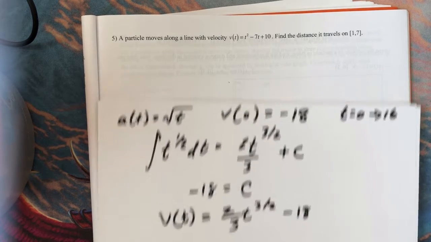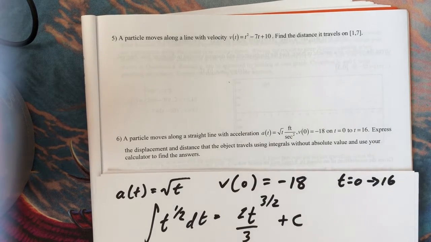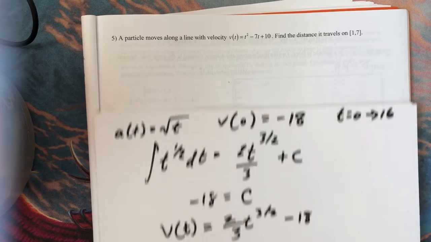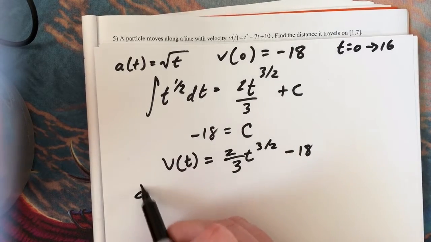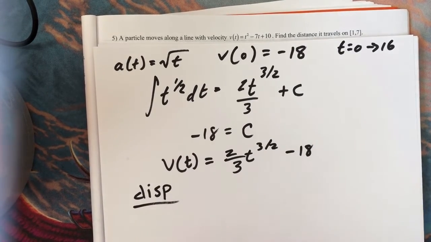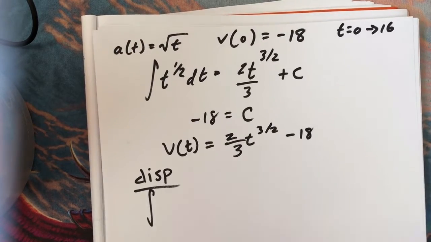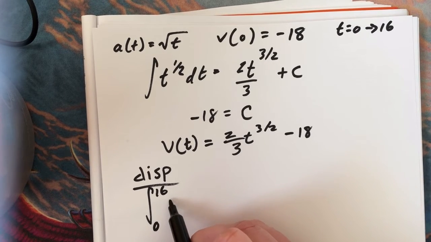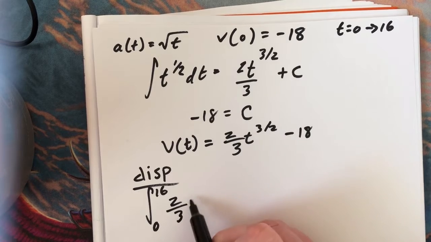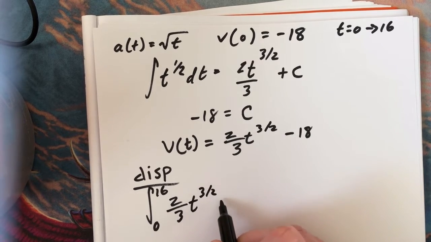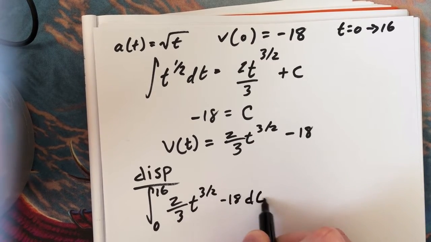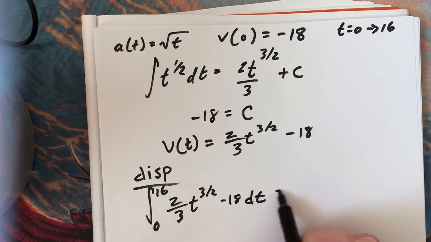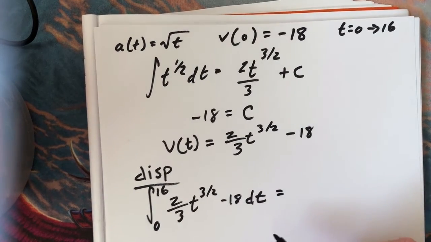So let's do displacement first, because displacement is easier. And we want from 0 to 16 seconds, or whatever the time unit is. Literally just take that integral, drop it in your calculator. That is displacement.